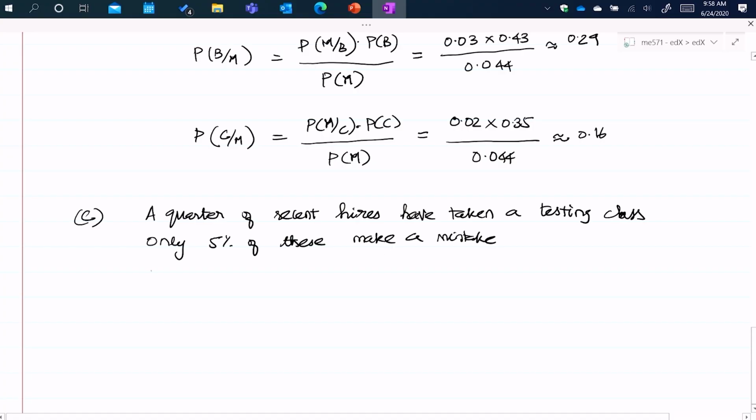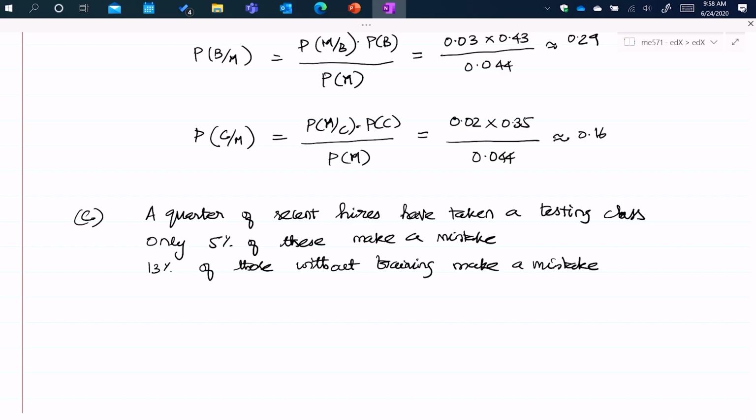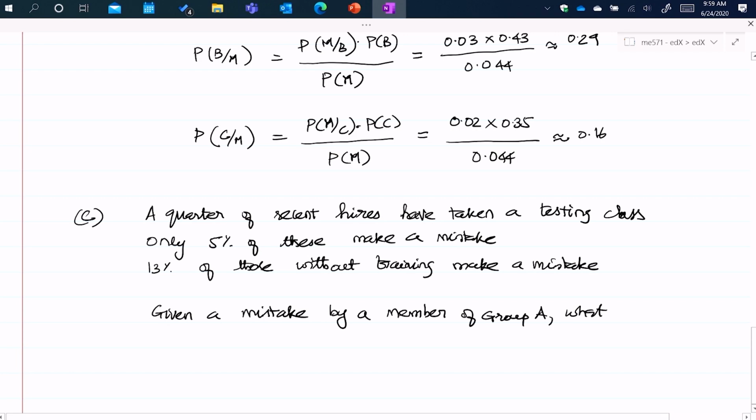And 13% of those who didn't take the class, without training, make a mistake. The question we are asked is, given a mistake by a member of group A, what is the probability that the employee has not taken the training class?